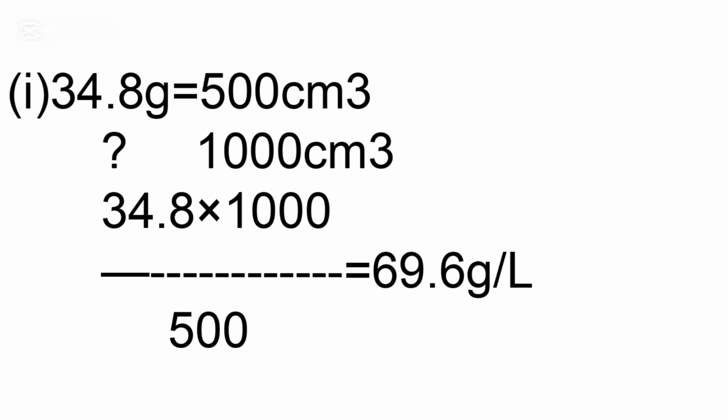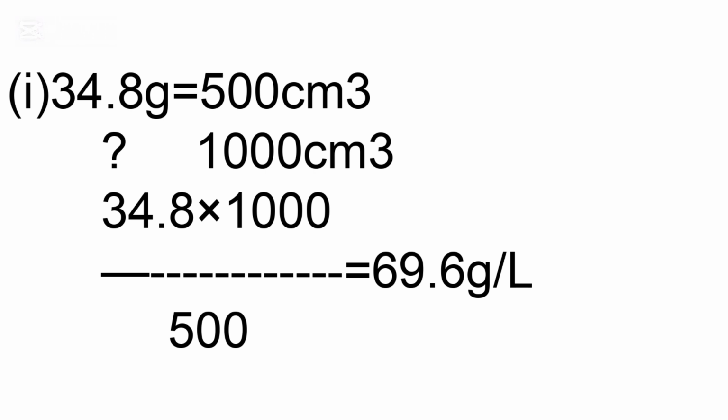How many grams would be dissolved in a liter of solution? So that is to help us get the concentration of potassium sulfate in grams per liter. What we do is we say if 34.8 grams is equal to 500 centimeters cubed, 1,000 centimeters cubed would have how many grams? Cross multiplication gives us the answer as 69.6 grams per liter.